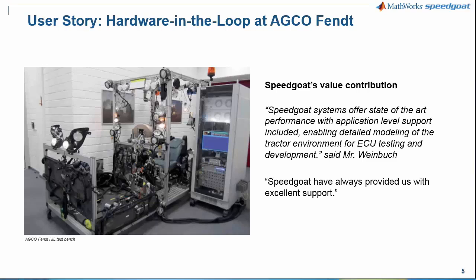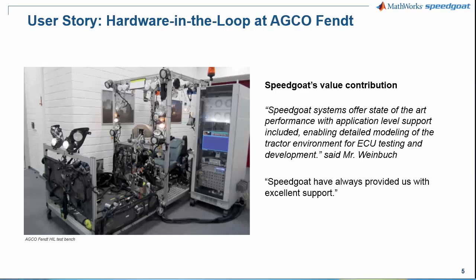This accelerates the development process, allowing rapid changes to be made based on driver feedback and improving the quality of the software. At last, let me quote Mr. Weinbuch, who is test engineer at AGCO Fendt. He says, SpeedGoat systems offer state-of-the-art performance with application-level support included, enabling detailed modeling of the tractor environment for ECU testing and development.